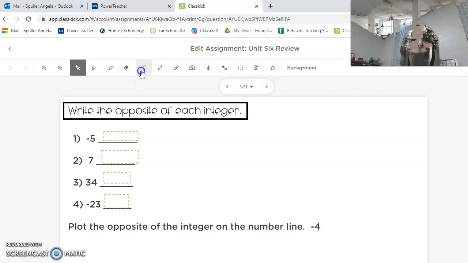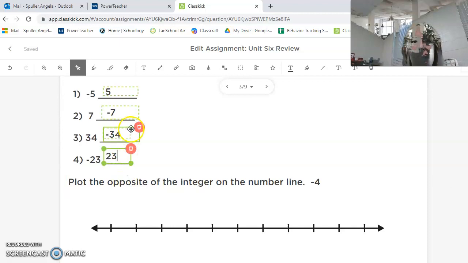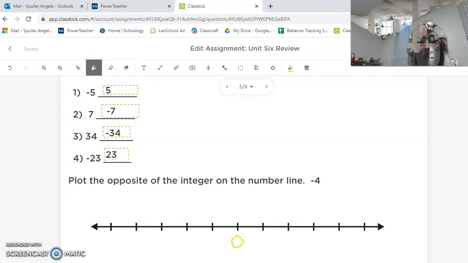Okay, so remember, every integer has an opposite. It's on the opposite end of the number line. So if I have a negative, its opposite is a positive. If I have a positive, its opposite is a negative number. So again, positive turns into negative, negative turns into positive. Looking here, if we plot it on the line, let's put 0 right here.